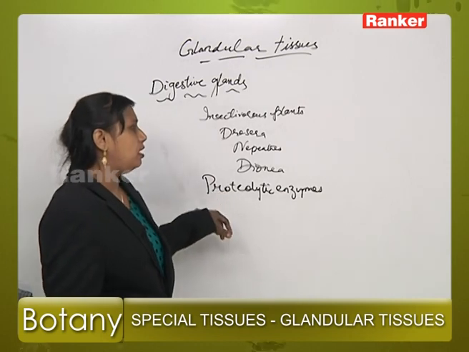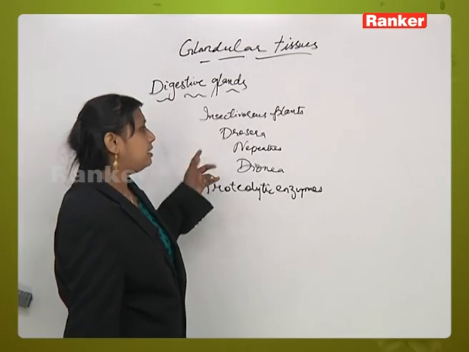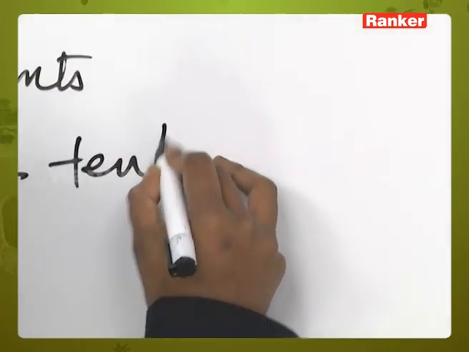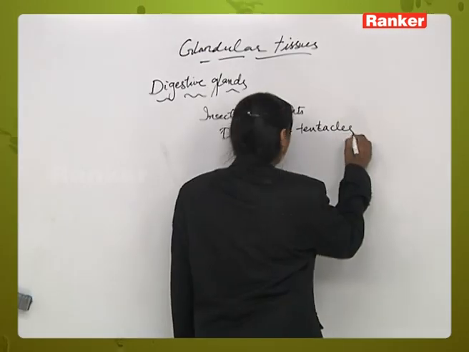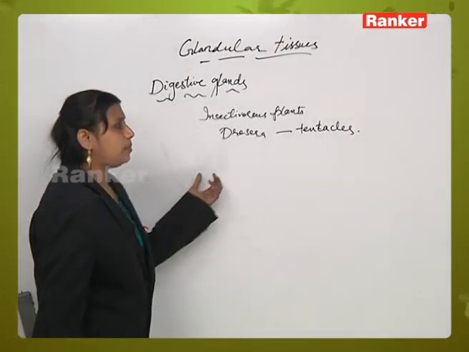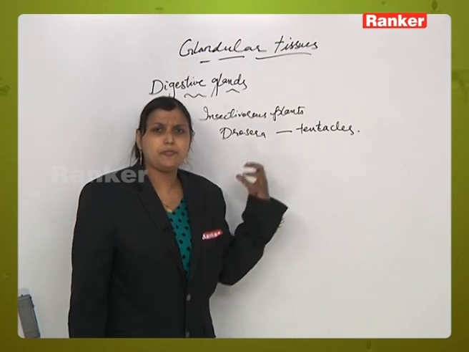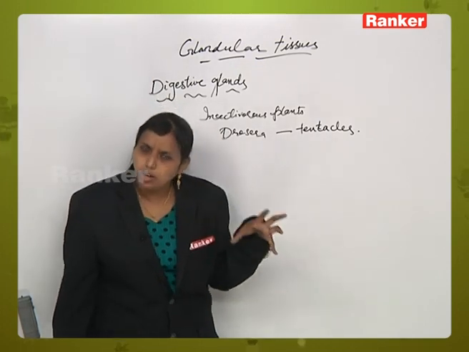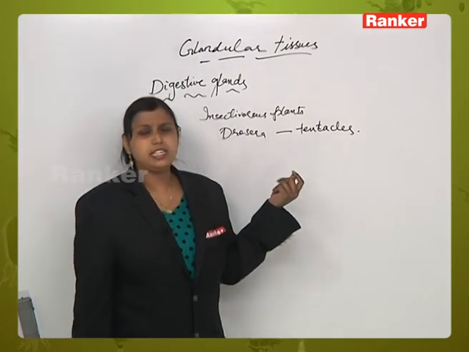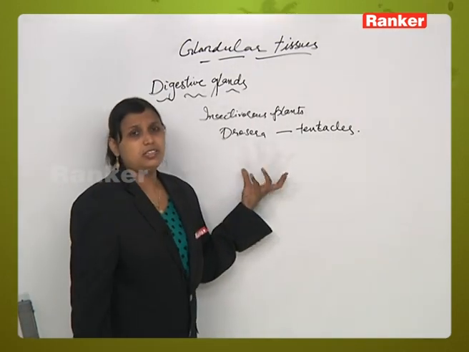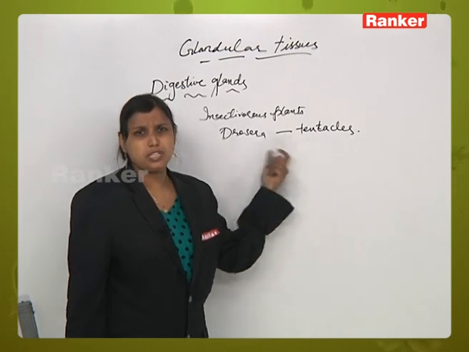For example, these glands are located at the tips of the tentacles in Drosera. So, for this purpose, insectivorous plants develop special glands which secrete proteolytic enzymes. Later, they absorb the nutrients from them, and they are located at the tip of the tentacles of the Drosera plants.